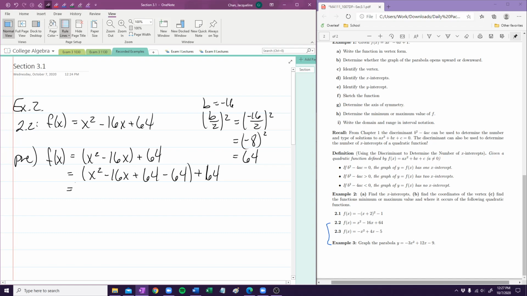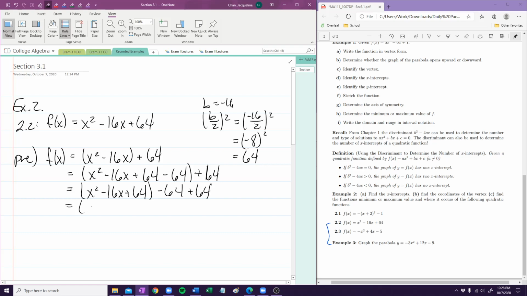Remember I want to keep the perfect square trinomial, and I want to kick out that extra term. So I'm going to distribute, but it's just a 1. If I multiply that, then I'm left with x squared minus 16x plus 64 minus 64 plus 64.